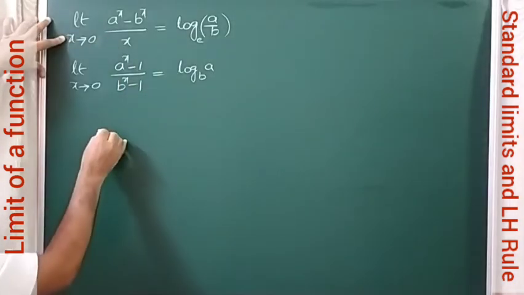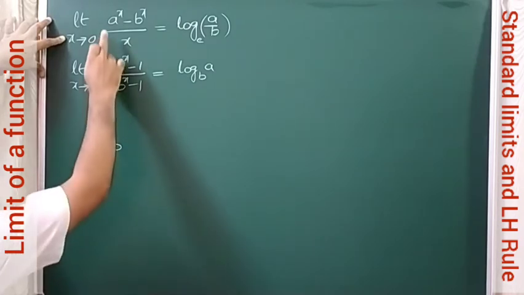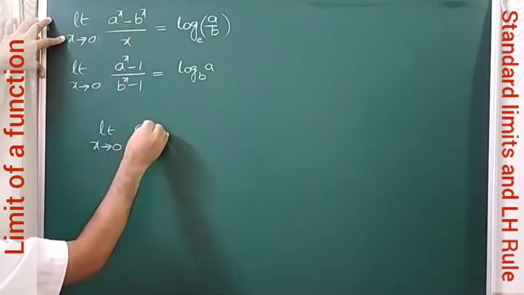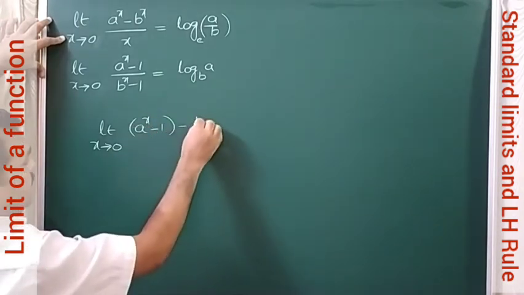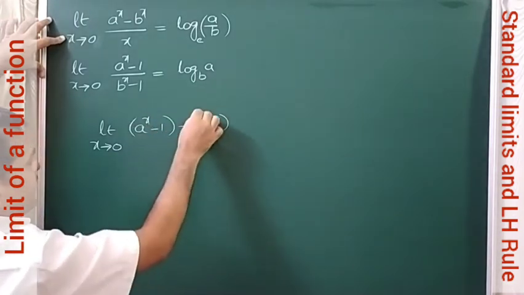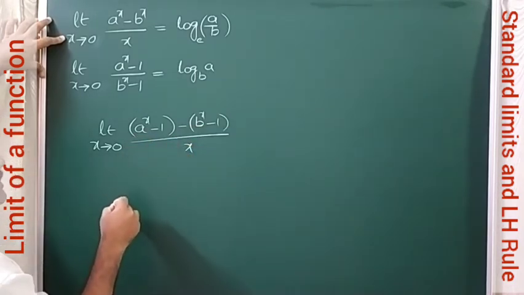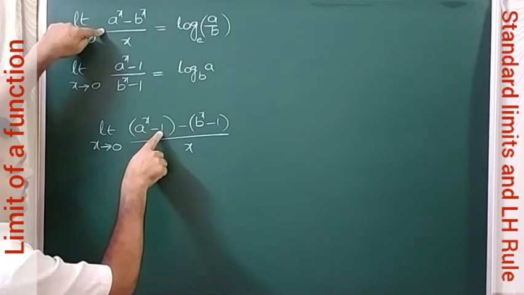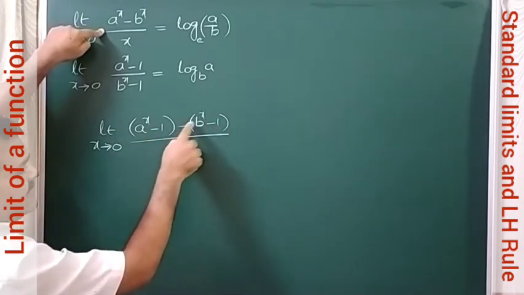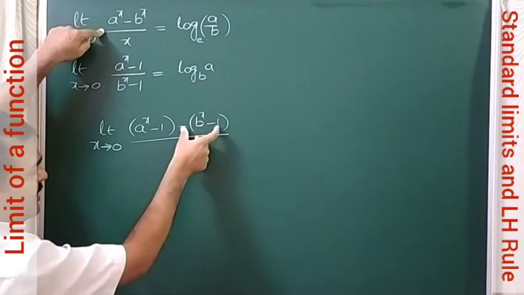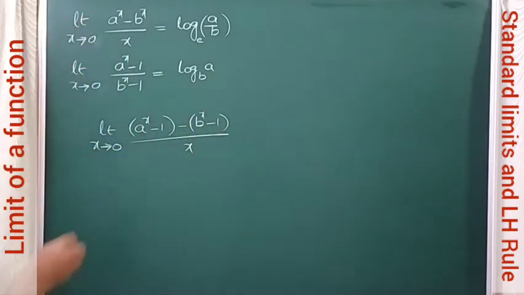So first one, if you are taking limit x tends to 0, I can modify this as a power x minus 1 minus b power x minus 1 by x. I am modifying like this. What I am doing? Subtracting and adding 1, without changing the function value.